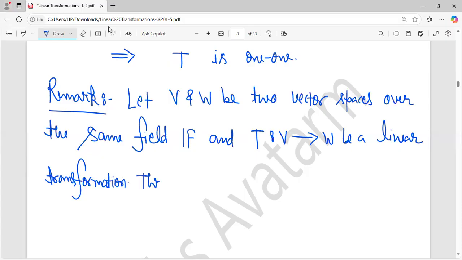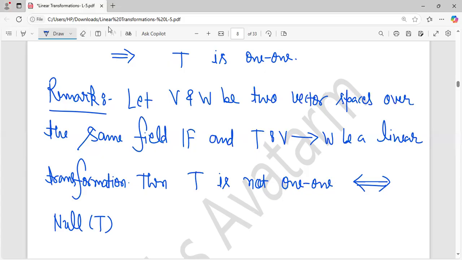Then T is not 1-1 if and only if the null space of T is not equal to 0.